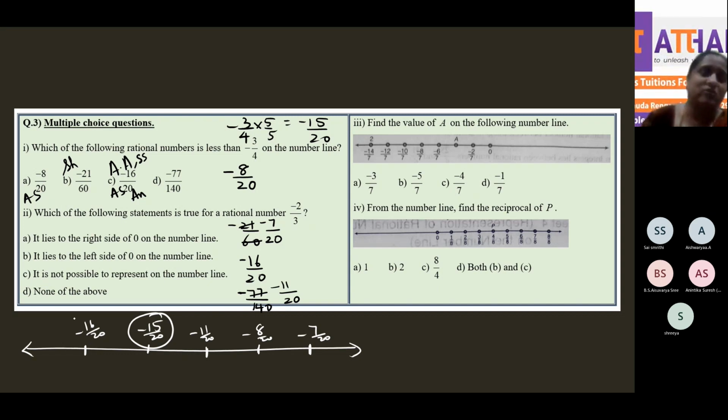So less than minus 3 by 4 is minus 16 by 20. Yes. So Aishwarya was right. Aishwarya Shri gave 2 answers, so you're wrong. Sai Smriti was right. And Anantika was also right.